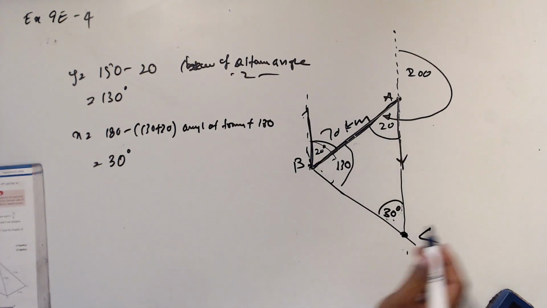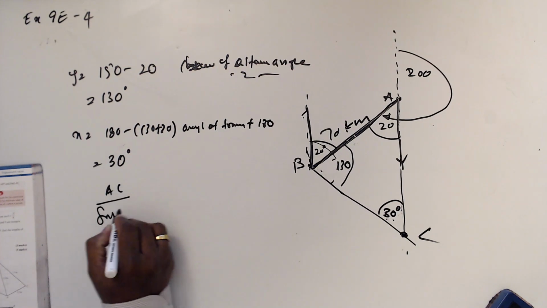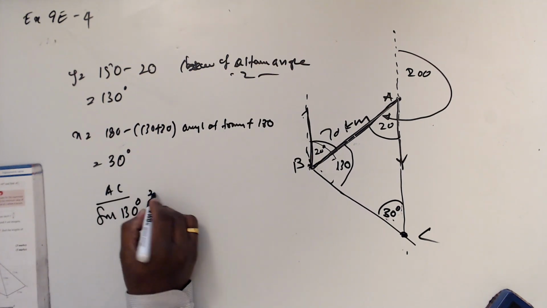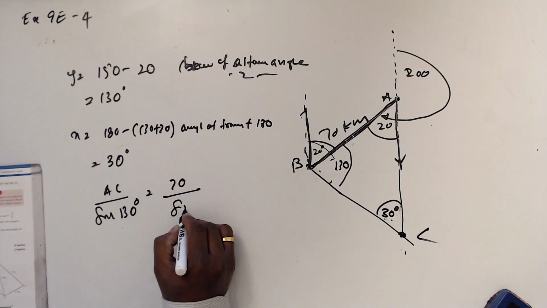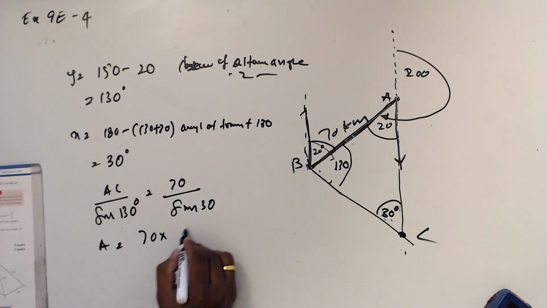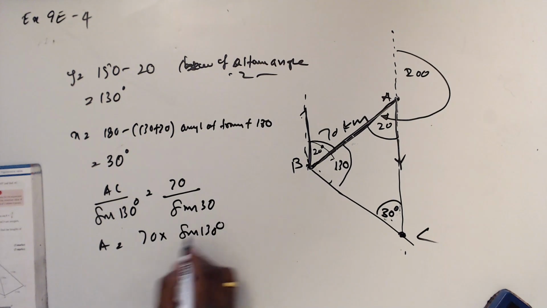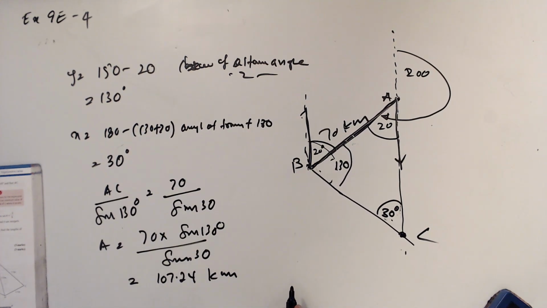Now I'm going to use the sine rule. AC over sine 130 equal 70 over sine 30. So AC equal 70 times sine 130 divided by sine 30, which is 107.24 kilometers.